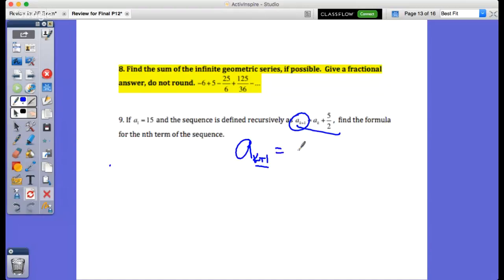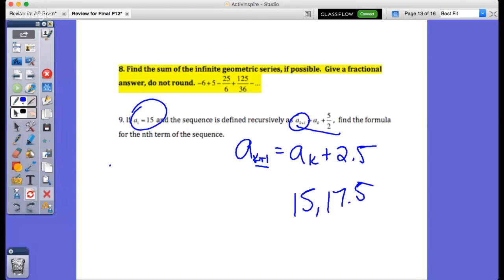Cool? So if I see a sub k plus 5 halves, or 2.5, which is the same decimal, right? Is everyone good with that? 2.5. Really what we're saying is if the first term is 15, and I plug 15 in for a sub k, 15 plus 2.5 is what? 17.5. Good. So that means 17.5 is this next term.